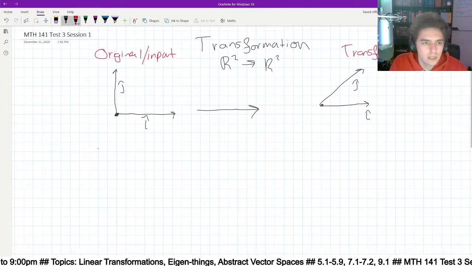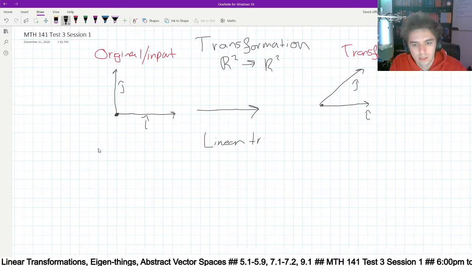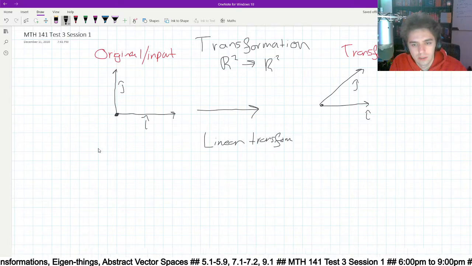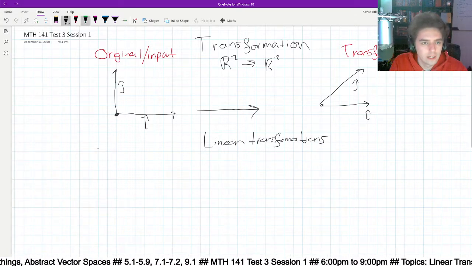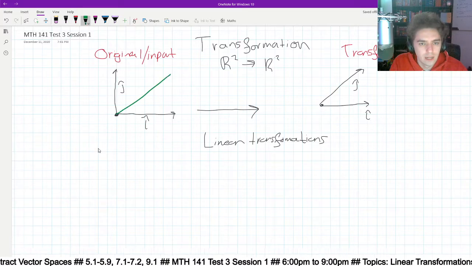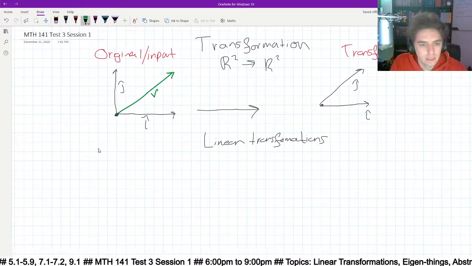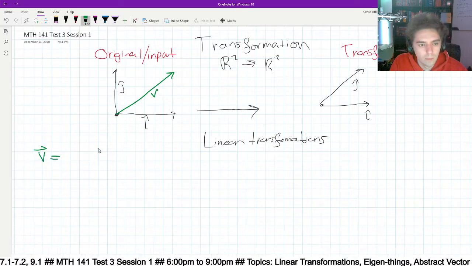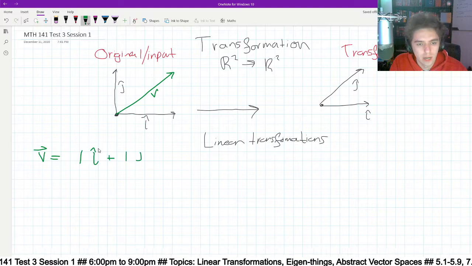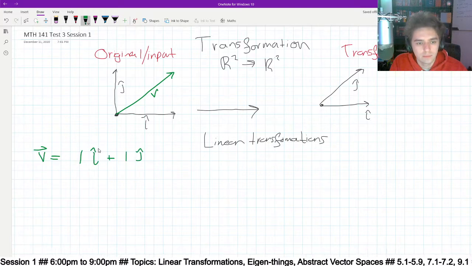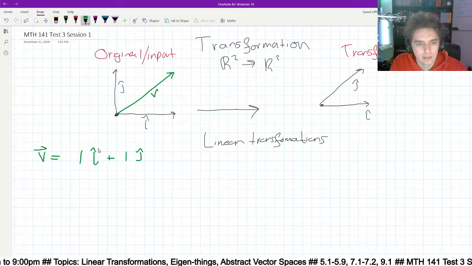And the really special thing about linear transformations is that if I draw a vector v here, v is equal to 1 times i hat plus 1 times j hat. That's the linear combination of basis vectors that gets me v.